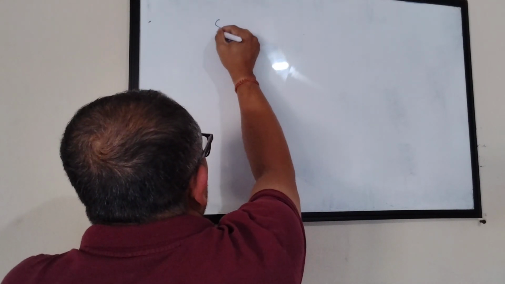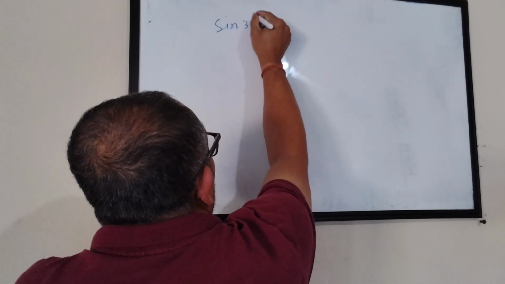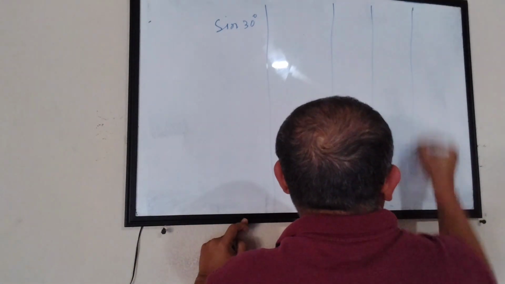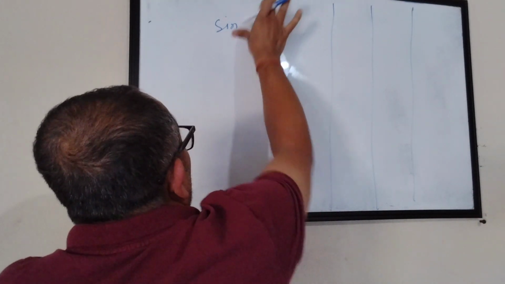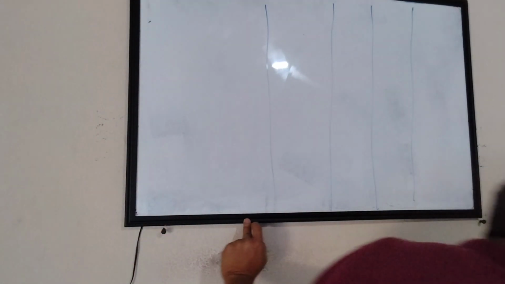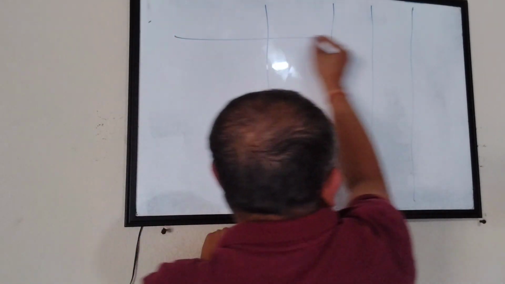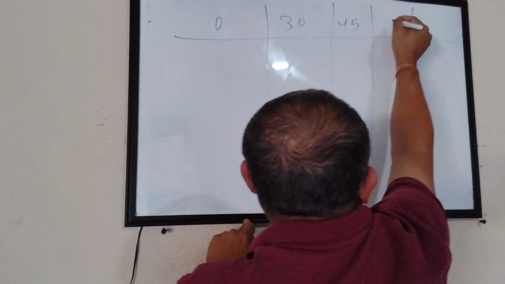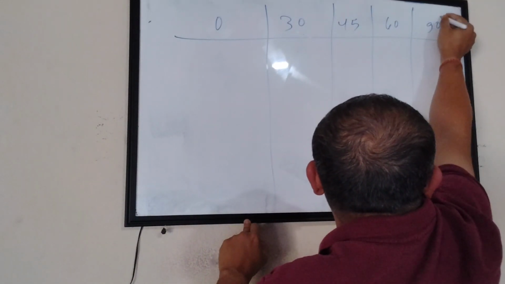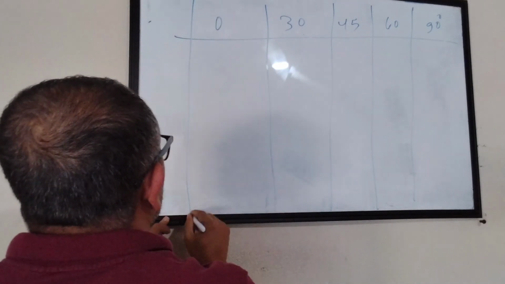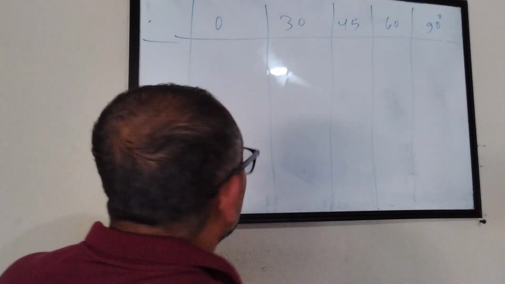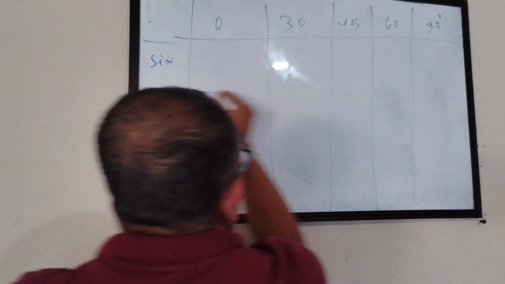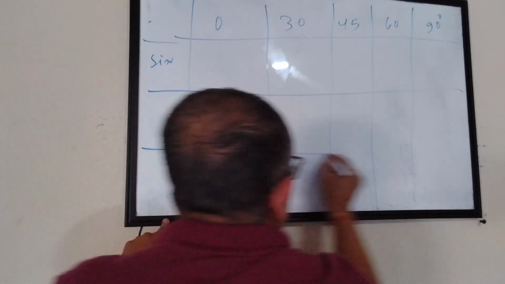Now let's try relating that with what you will come across more often. Let's look at the trigonometry table to relate that with the pi, so that it helps you get used to it. 0, 30, 45, 60, 90. Let's look at the sine, cos, and tan values for all these, and then we'll relate that with the radian real quick.